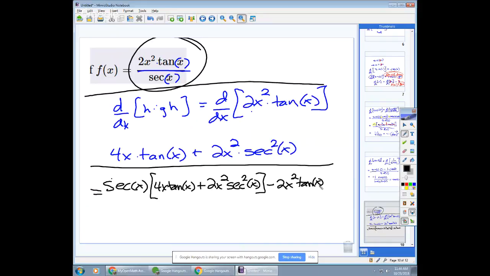Oh, I didn't quite leave enough room. Secant of x times tangent of x. And all of that is divided by secant squared of x. And now we hope we can clean this up.